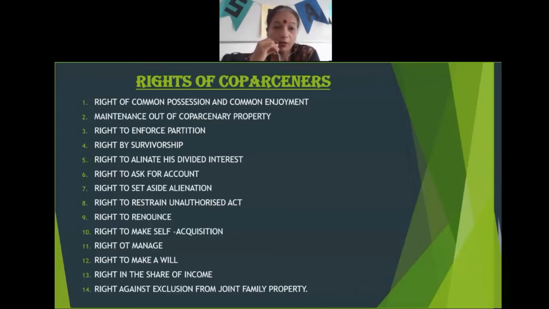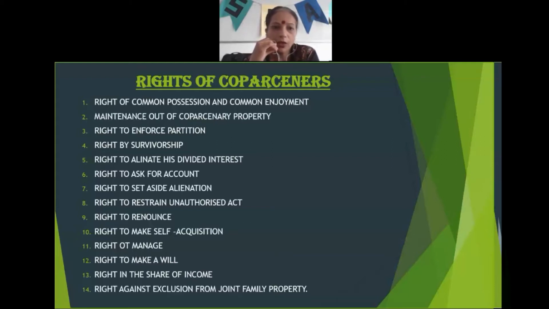In our separate property and self-acquired property, we enjoy the right to alienate. But so far as coparcenary property is concerned, till the time it is not separated, we cannot alienate that share, for the reason that our share is not a definite one. We enjoy the ownership along with the others, accepting the ownership of the other members of the family in that property. Hence a right to alienate arises only when there is a divided interest and we get a definite share in the property.